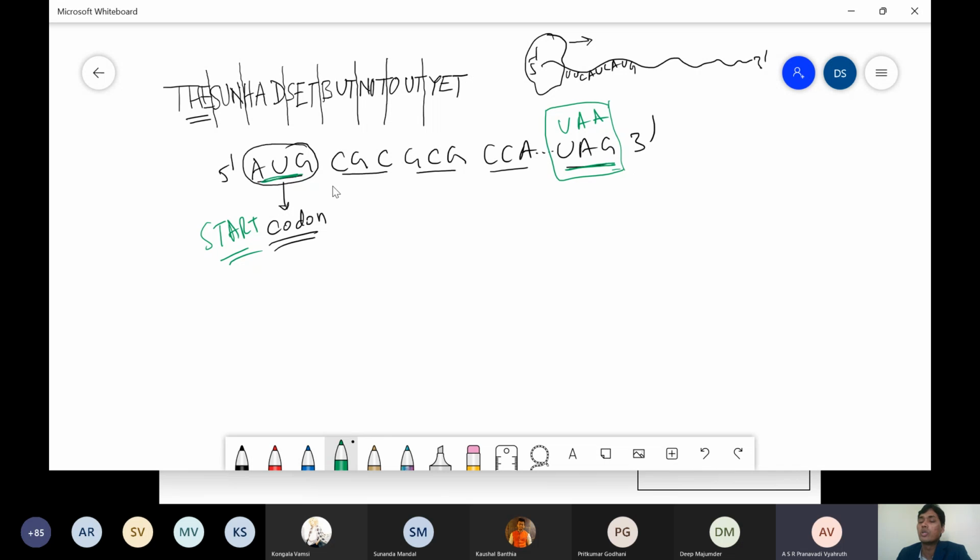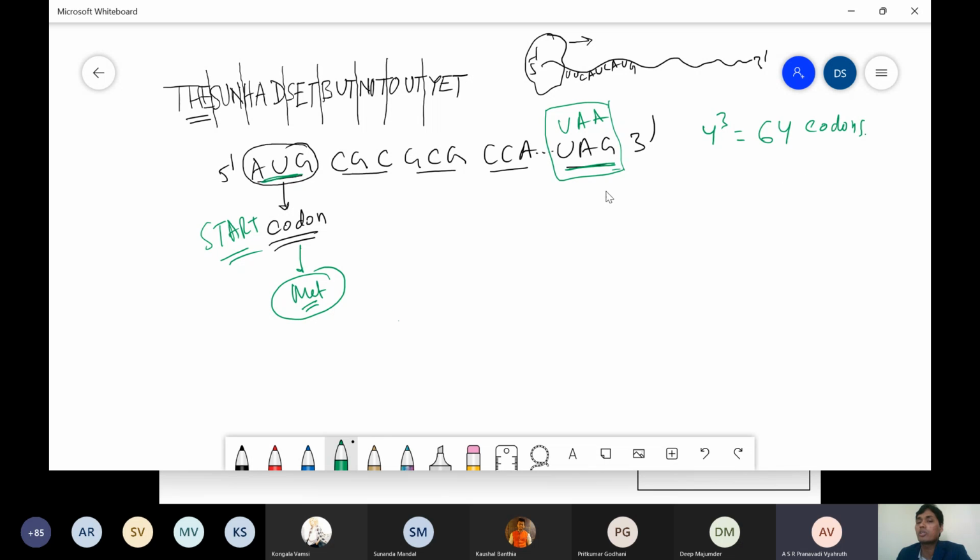AUG is the start codon, and we have 3 different codons which are called stop codons. Out of the 64 codons, the one start codon always brings methionine, an amino acid. Out of 20 amino acids, one is methionine. So all proteins in our body start with methionine, the same amino acid.